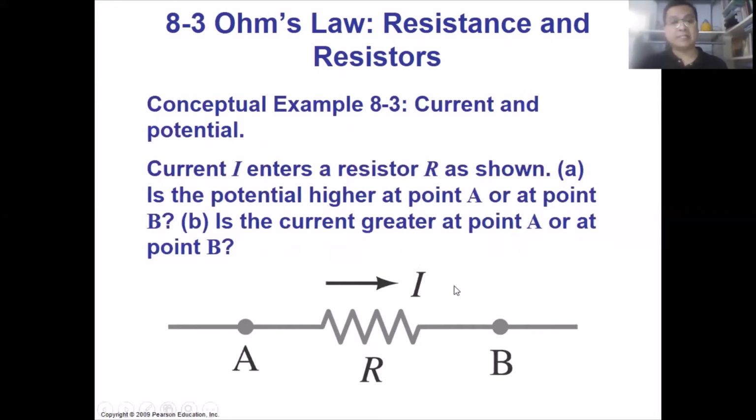As we have mentioned, the arrow from left to right means the flow from the higher to the lower. The same applies to the current in question B. Because current is proportional to the potential, it should also be higher at position A.